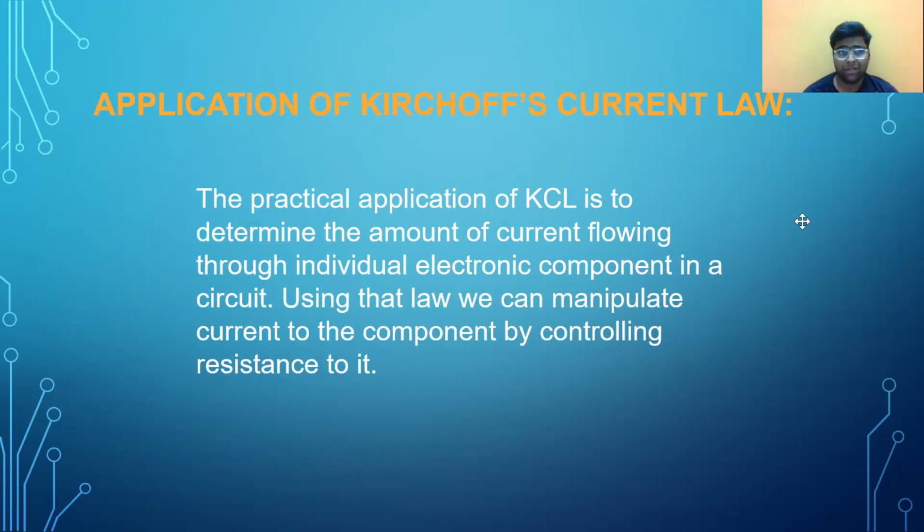This means there are 4 or 5 nodes or junctions in a circuit, but we need to know about junction 1 or node 1. By using Kirchhoff's law at each junction, we can know the current through the junction which we want.